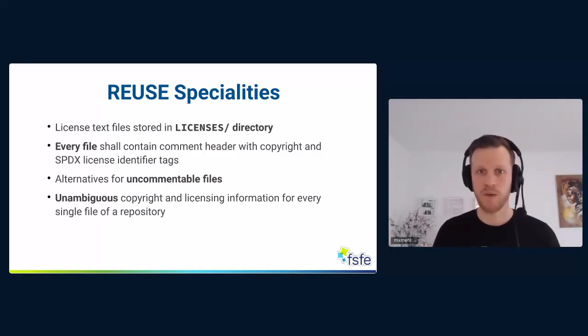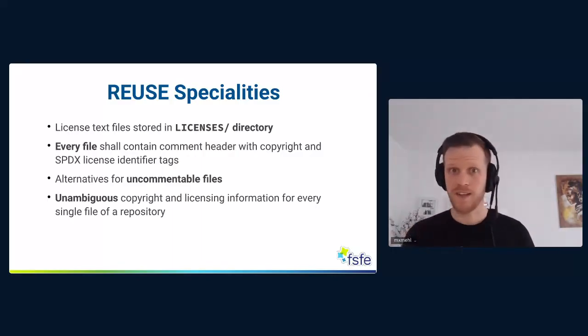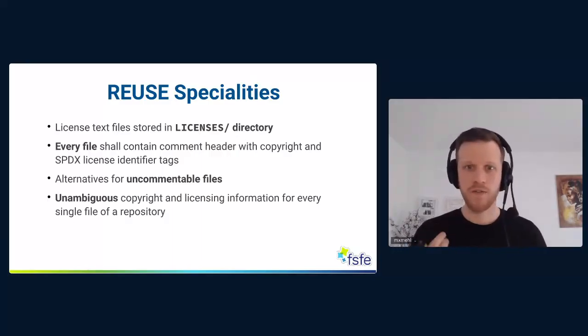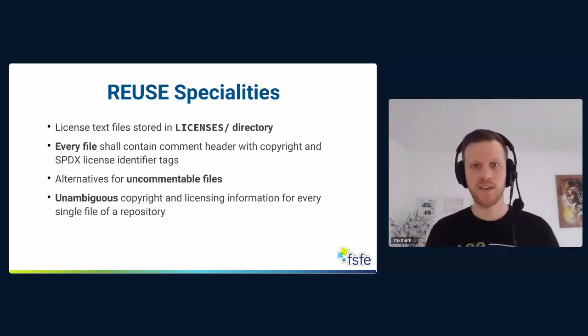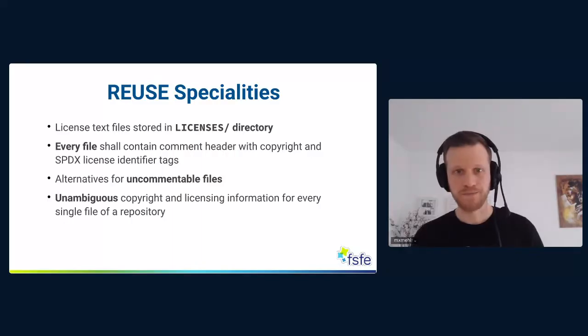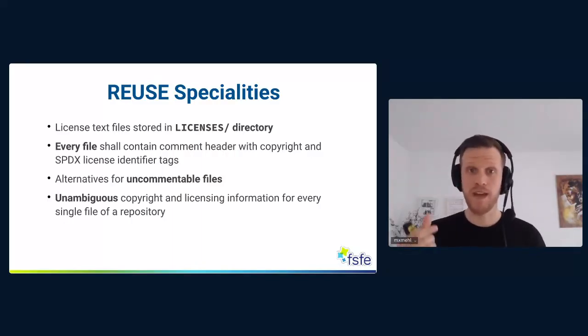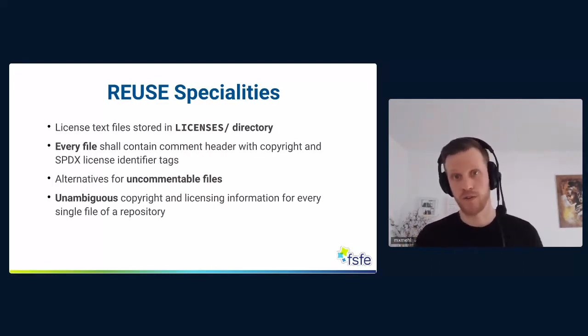The second thing is that, I say it again, we want to have information about copyright and licensing for every single file. And ideally as a comment, because that would be as close to the actual file as possible, but also with alternatives.